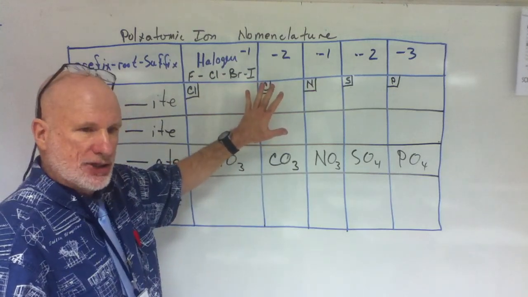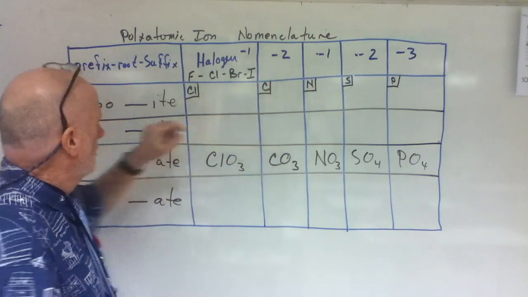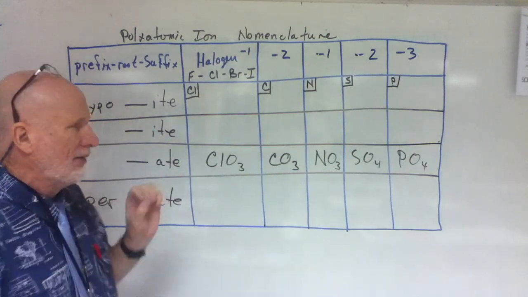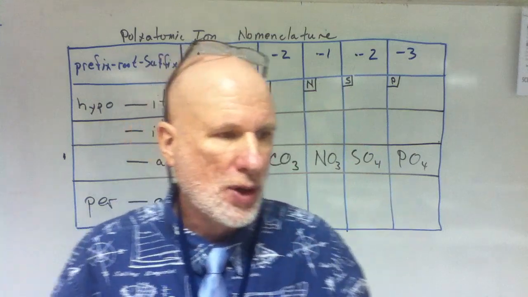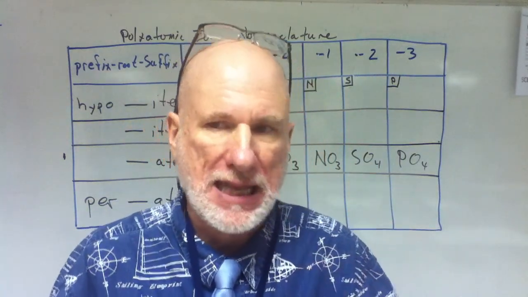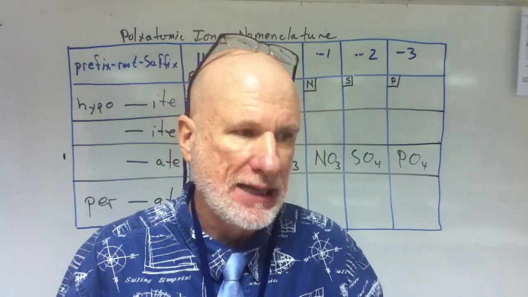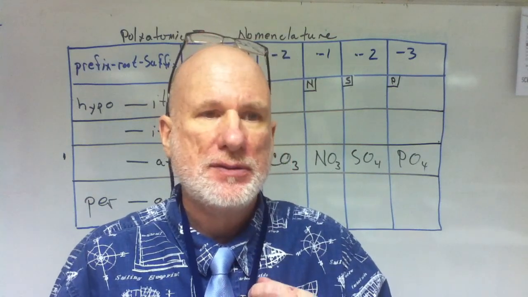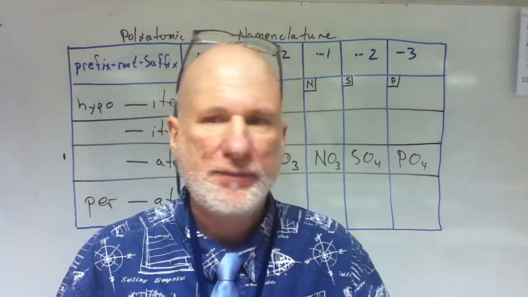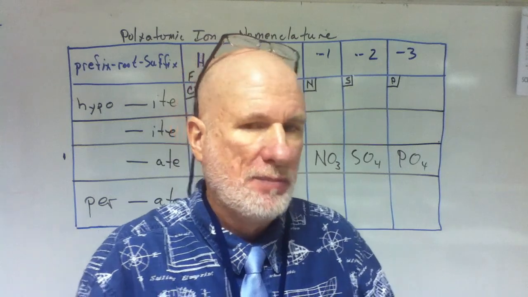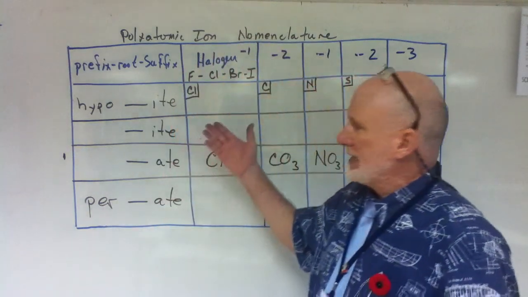So, just to reiterate, polyatomic ion nomenclature: you have a series of prefixes and suffixes. Now, warning. This does not work for things like hydroxide, cyanide, oxalate, etc. But for these basic ones, it does.